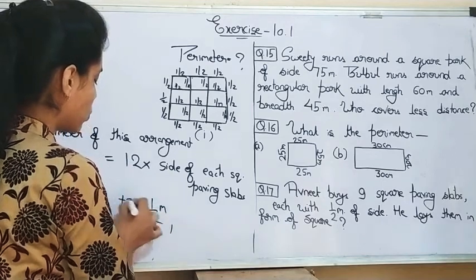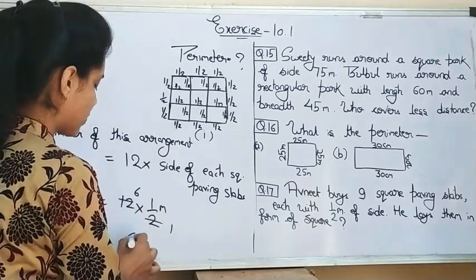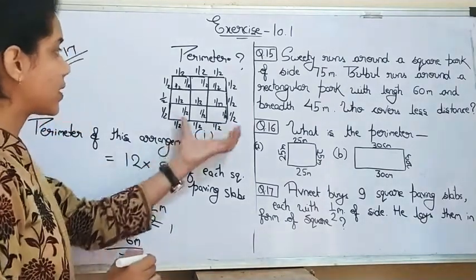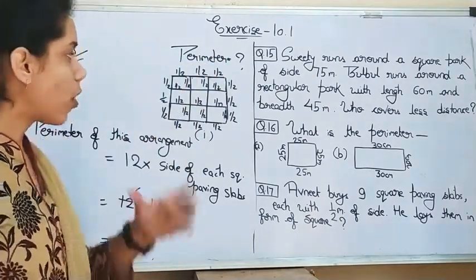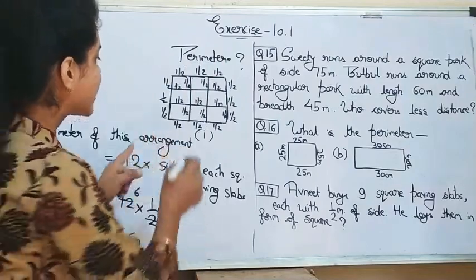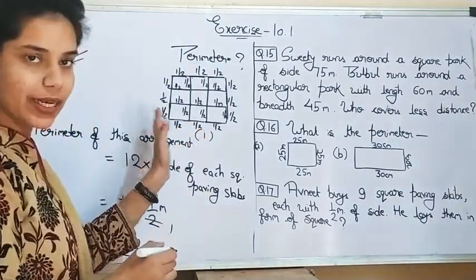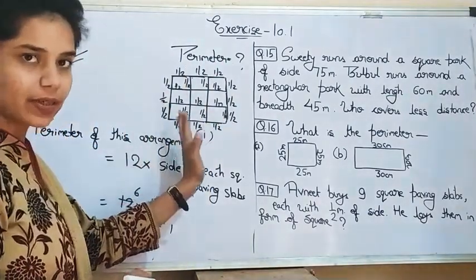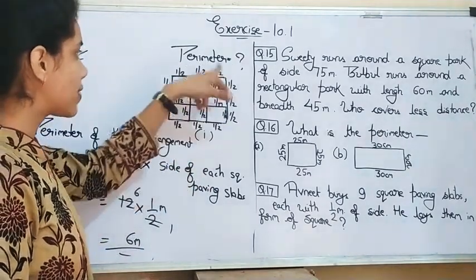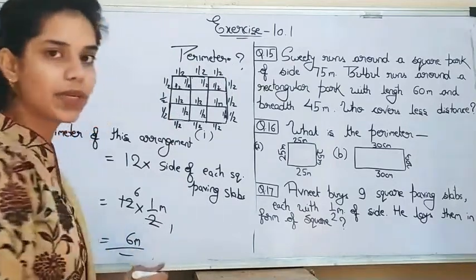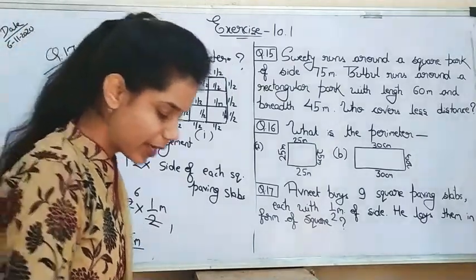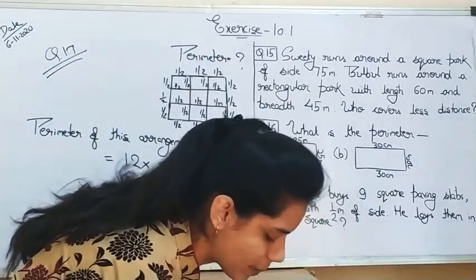So 2 ones are 2, 2 sixes are 12. So 6 meter will be the perimeter of this complete shape. Understood this thing? What I have done: each side is half meter, and there are a total of 12 sides across this boundary. So we got this answer as 6 meter. Now let's move to its B part.